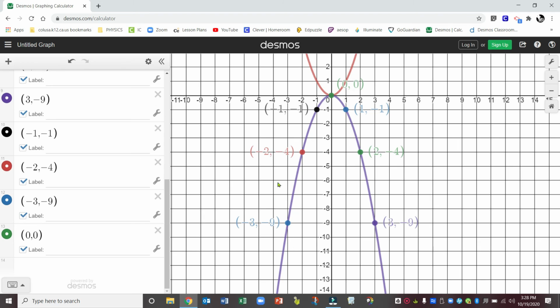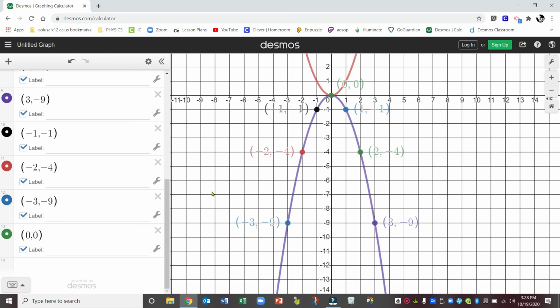They're going -9, -4, -1, 0. They are also increasing. So as the x's increase, the y's are increasing. So we would say if x is less than 0, all of these x's are less than 0. If x is less than 0, then our graph is increasing, because when the x's are getting bigger, the y's are also getting bigger.